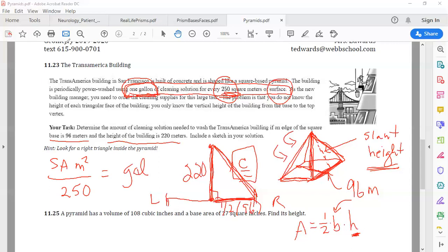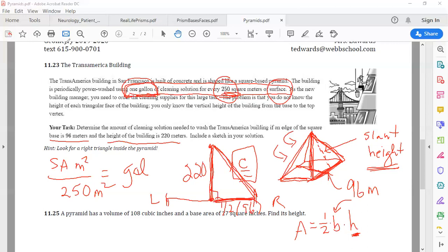And then you want to round up. We don't buy partial gallons. If you get a 0.4, still round it up. Because you can't walk into Lowe's and say, can I have 132.4 gallons of cleaning solution. So round it up, but show your work so I can see how you got there, okay?